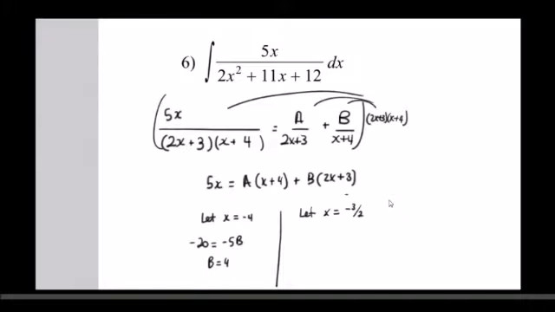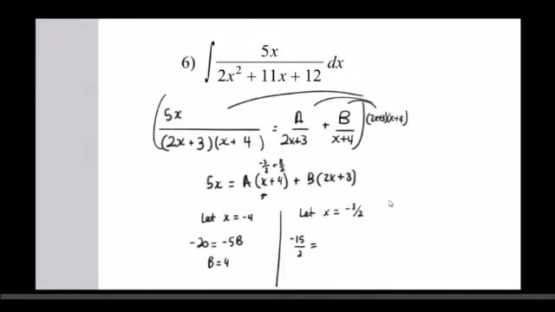Now with this one, we're going to let x equal negative 3 halves. That's what it would take to cancel the B term. Plugging it in there, we're going to have negative 15 halves. Plugging it in here, we're going to have negative 3 halves plus 4, which is 5 halves.